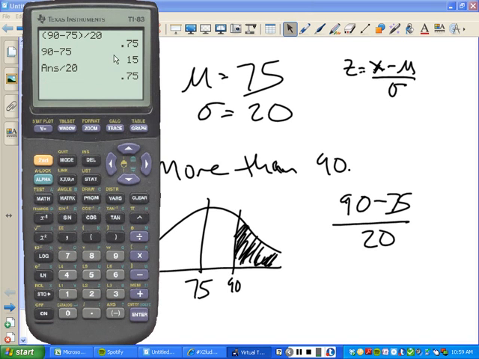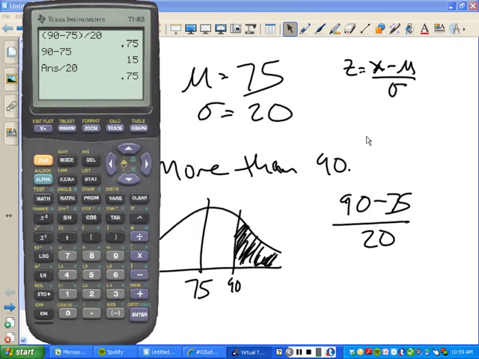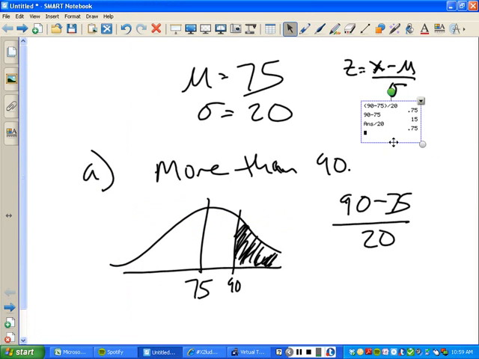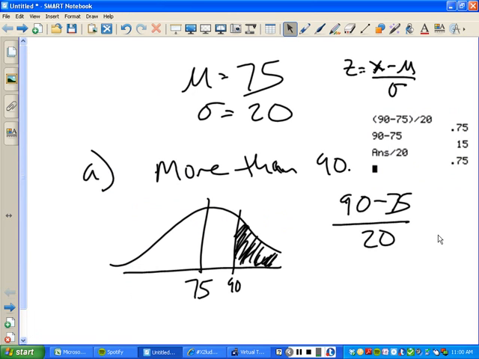Okay. So, 90 minus 75 divided by 20 is 0.75. Now, here's the major thing.